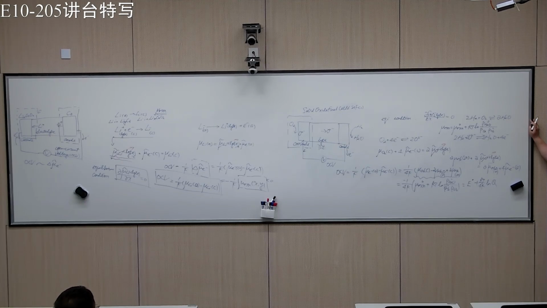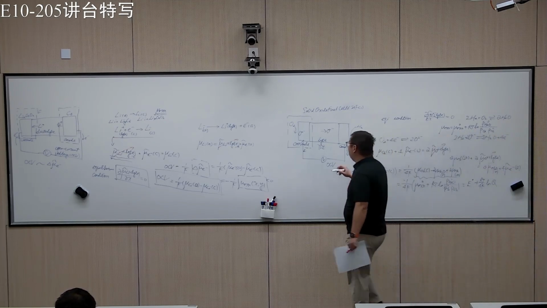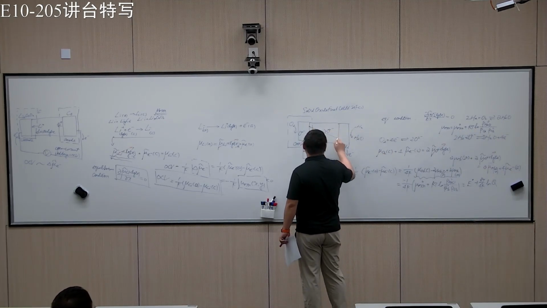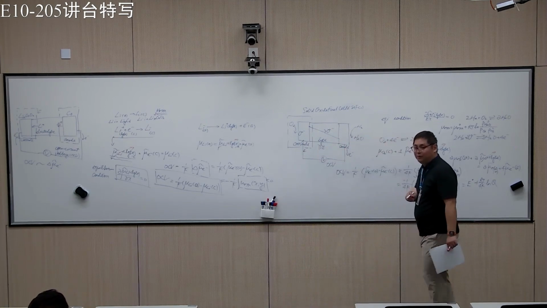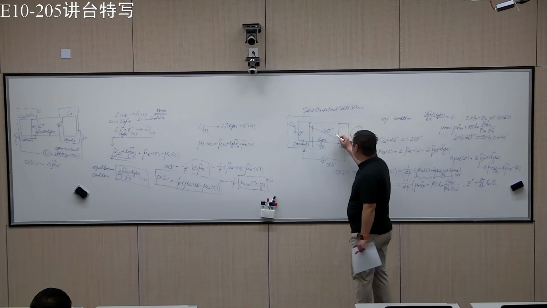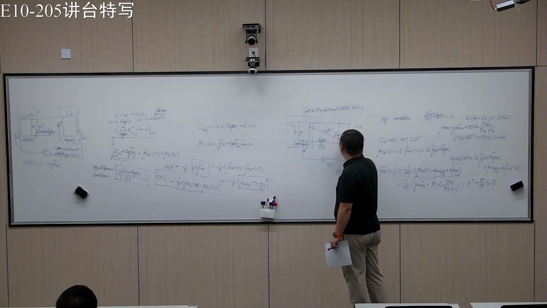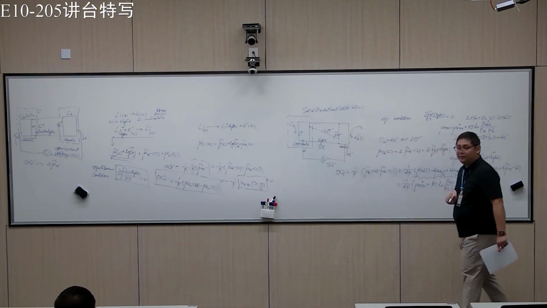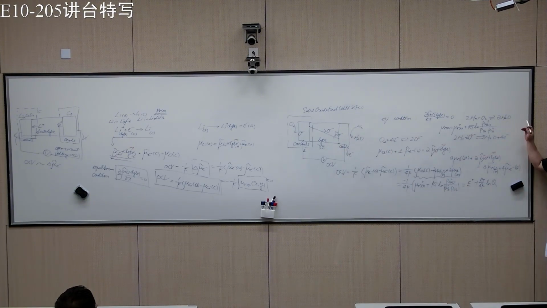This is the OCV. However, we know that once we start to flow, then there'll be a gradient of the electrochemical potential. So this is the way it should be, right?